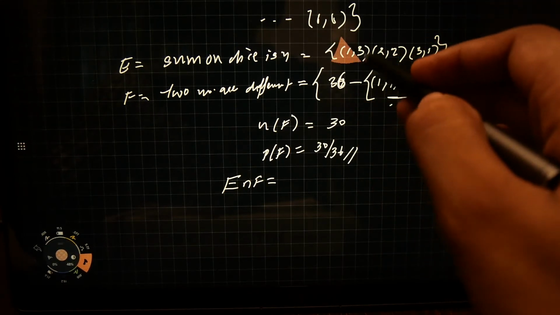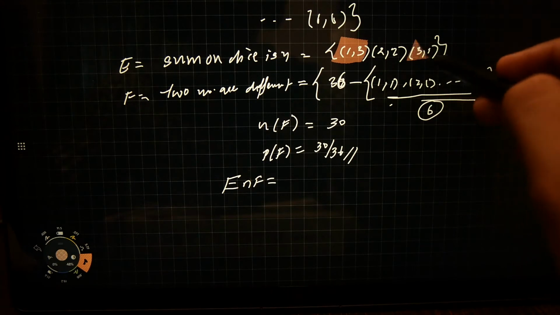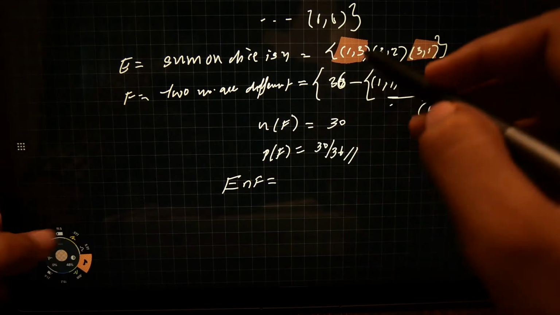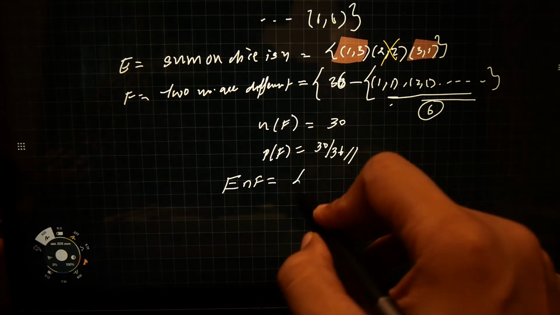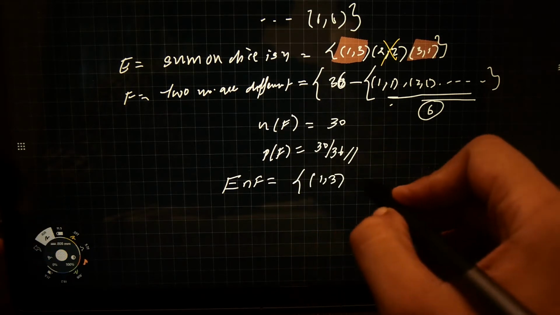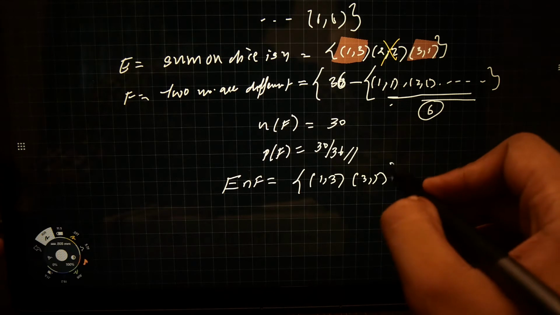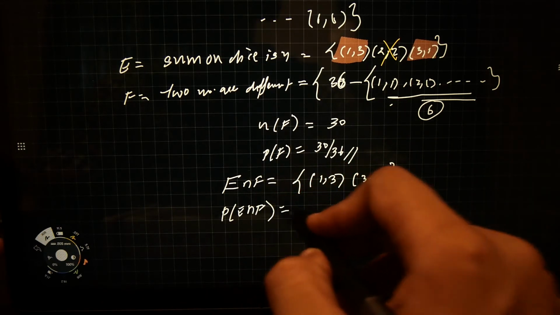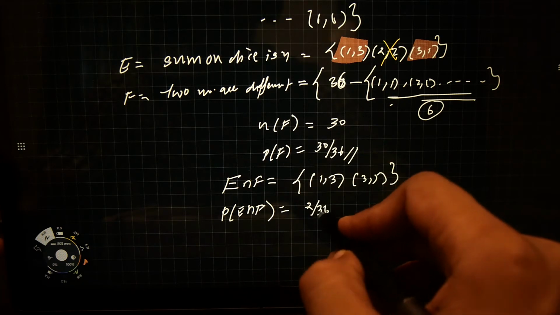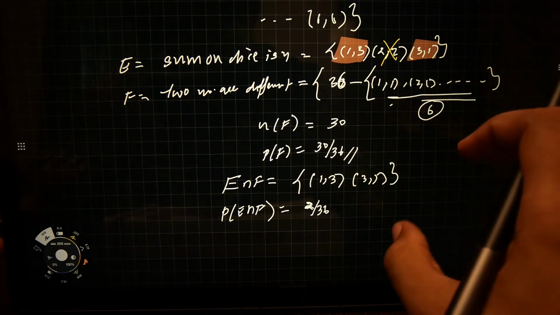E has 1 3, which is different, and 3 1 is different, but 2 2 is repeating. So this cannot be there in E intersection F. E intersection F will only have 1 3 and 3 1. So P of E intersection F will be a total of 2 out of 36, right?